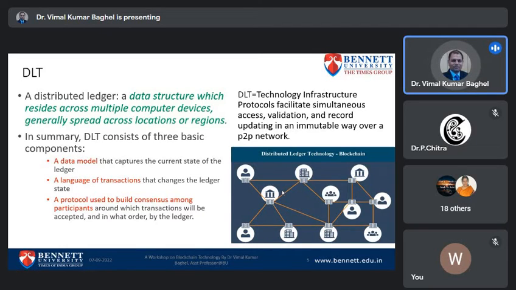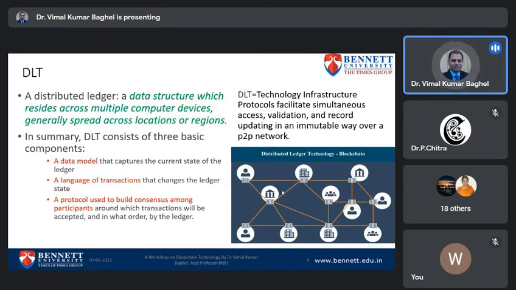We have different languages like Rust programming. Also, there is one language that is used for writing very robust and integrated smart contracts, which are very secure in nature. So we have different languages of transactions.